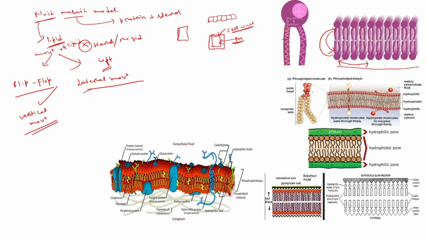What is the lateral movement? That means if this lipid comes to here, and here it comes to here, then it is called the lateral movement or the horizontal movement.